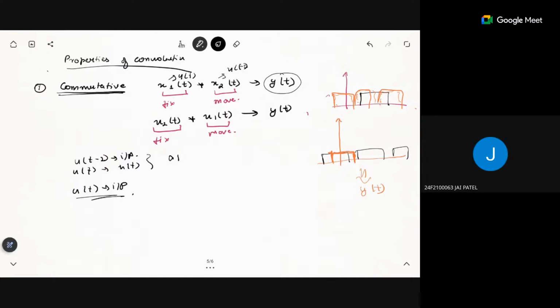So if the question is, is commutativity true for convolution? Yes, it is true for convolution. Now number two is associative. Now we have three functions.